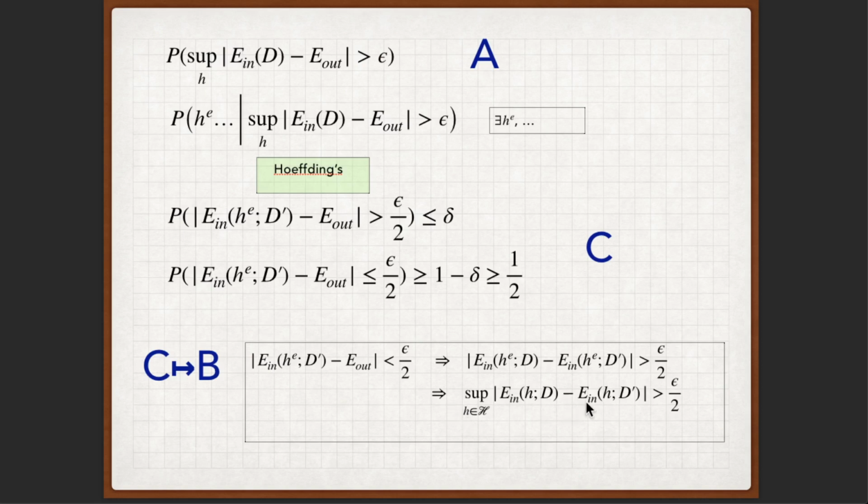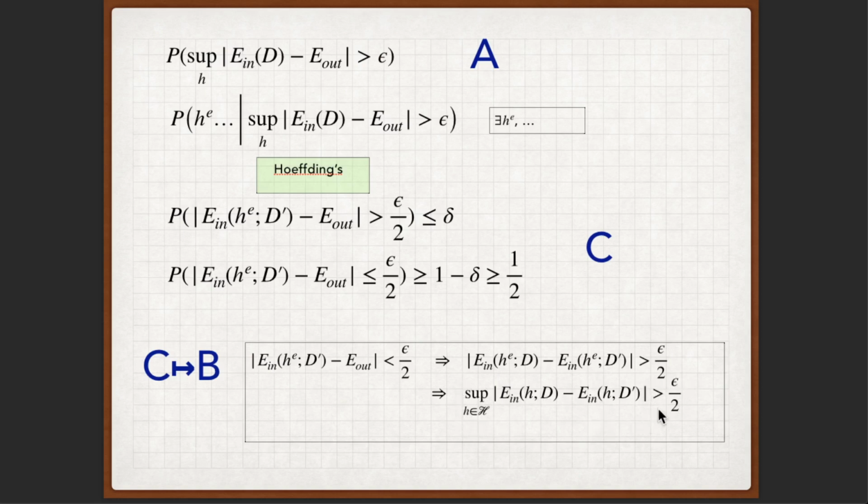The largest difference between these two in-sample errors must be greater than half of epsilon. That is obvious because we already have one member in the family that has this condition satisfied, so the maximum one of the family must have this condition satisfied as well.